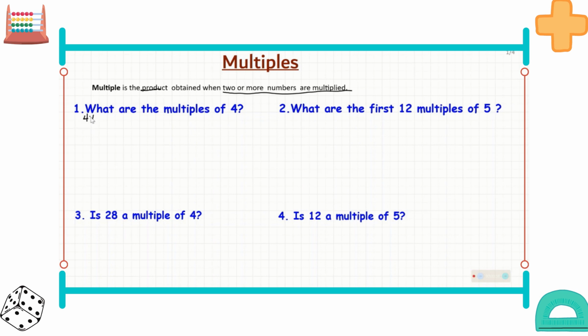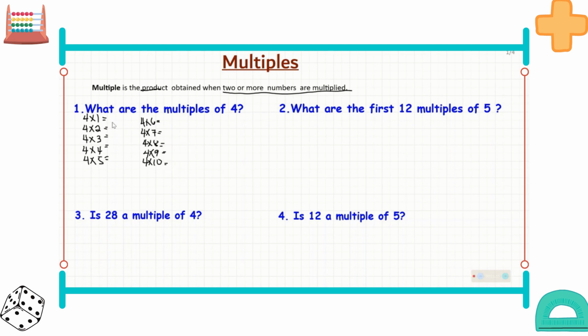Let's multiply 4 times 1, 4 times 2, 4 times 3, 4 times 4, 4 times 5, 4 times 6, 4 times 7, 4 times 8, 4 times 9, 4 times 10. So we multiply the numbers 1 to 10 by 4 to get the multiples of 4.